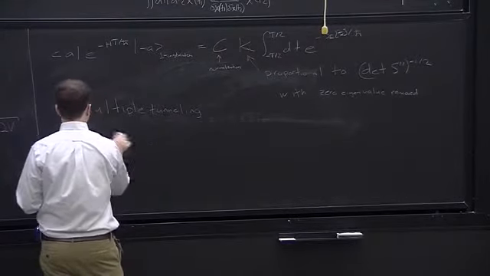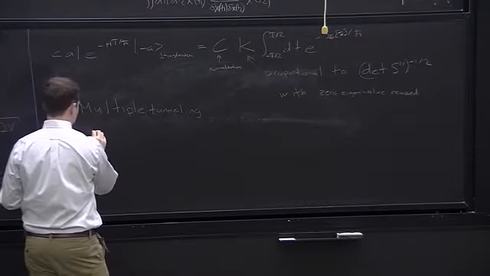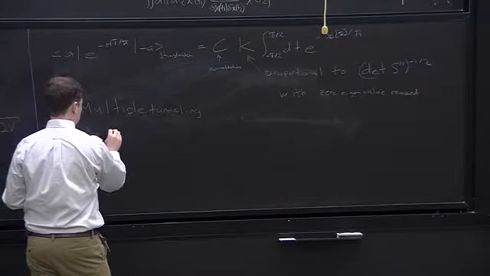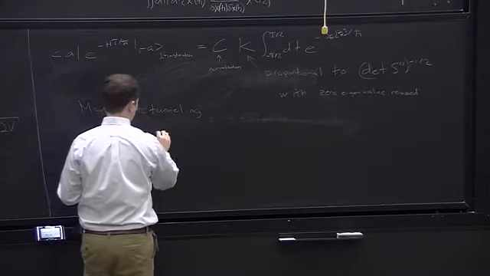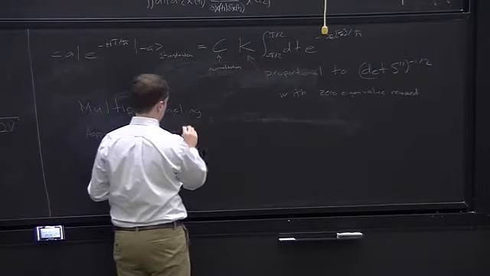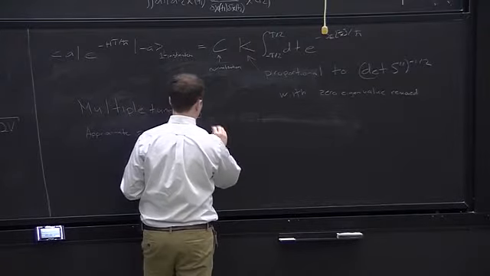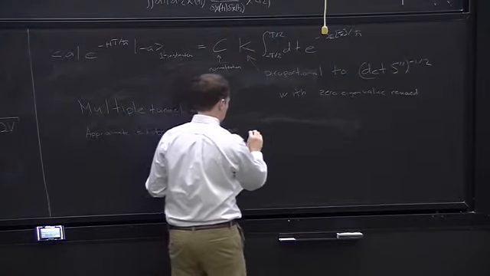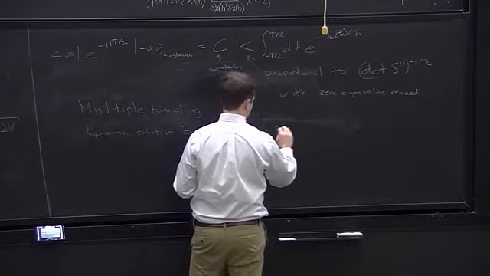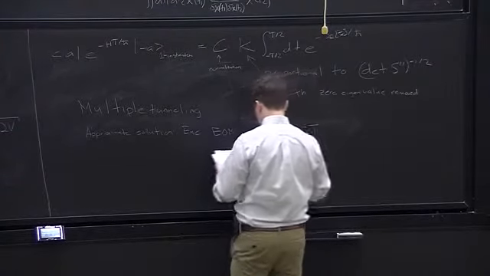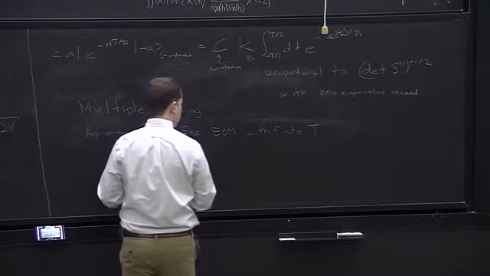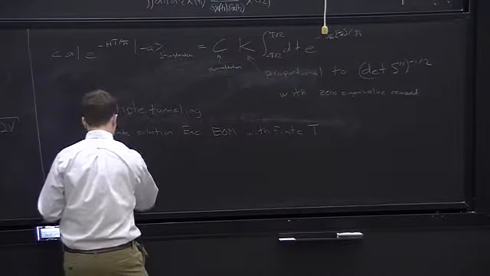And so there will be approximate solutions to the Euclidean equations of motion with finite T that look like this.